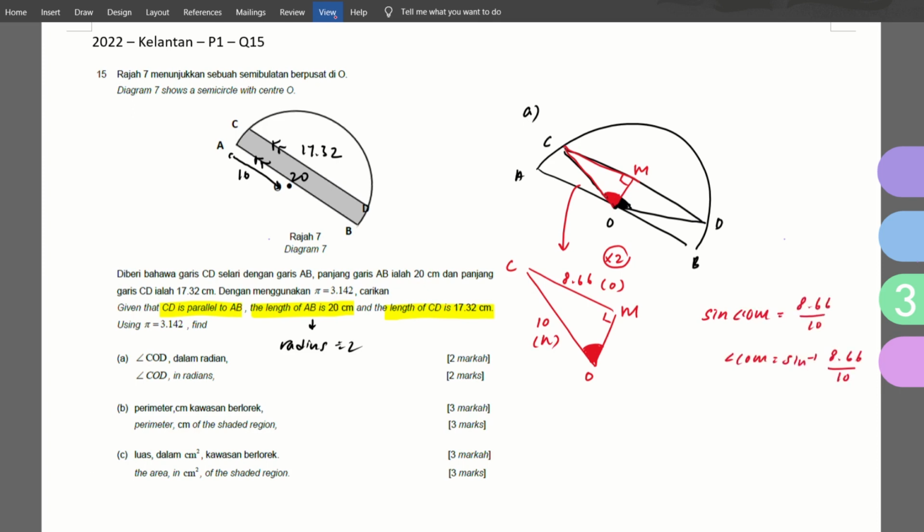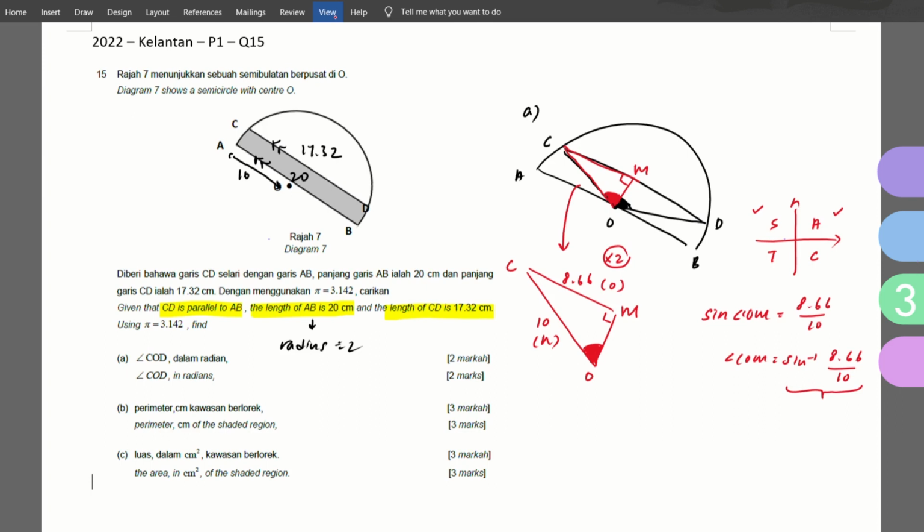To calculate COM, we need to use sine. Remember, for trigonometry, we'll always have two answers, so we use the ASTC method to help us. Here, it's sine and it is a positive value, so these two conditions are fulfilled in quadrant 1 and quadrant 2.